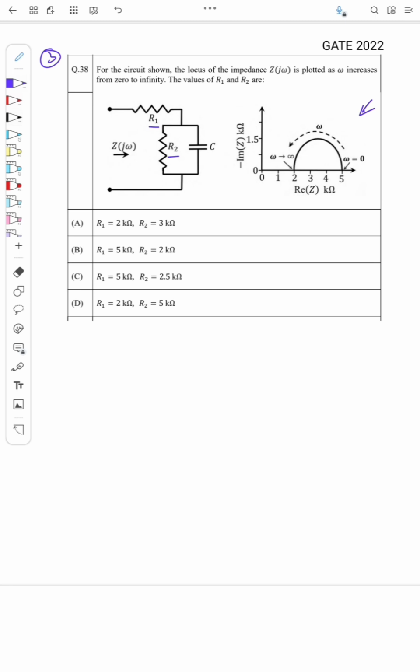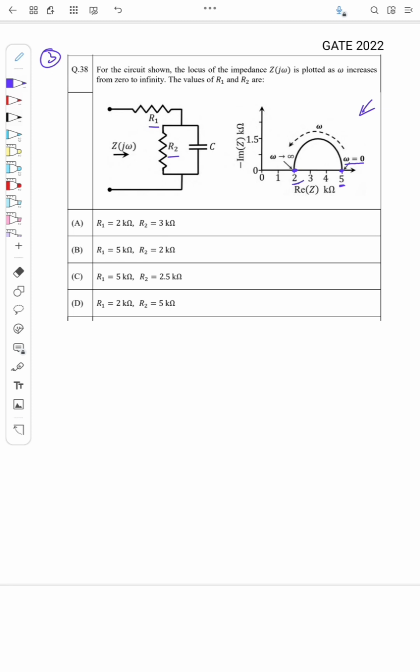Okay, so from here it is clear that at omega equal to 0 the imaginary of Z is 0 while real of Z is 5, and imaginary of Z is equal to 0 again at omega equal to infinity while real of Z is equal to 2.